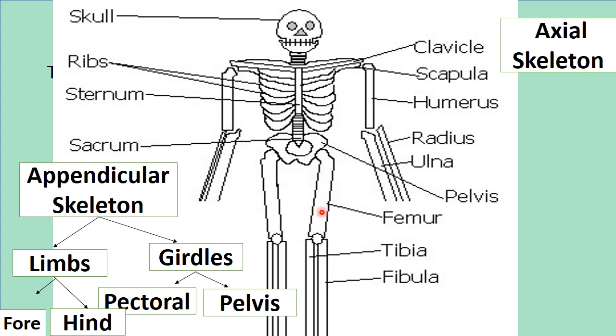Then for the hind limbs, this one, which is from the knee to the hip, I mean to the pelvis, we have the femur. Then from the knee going down, we have these two, the tibia and the fibula. So these are the classifications of bones.